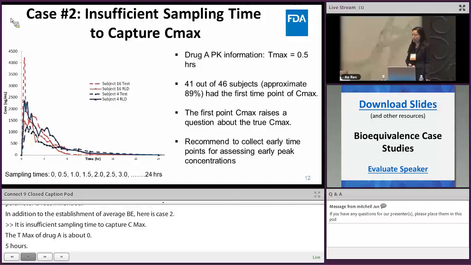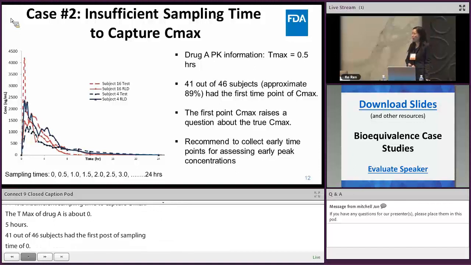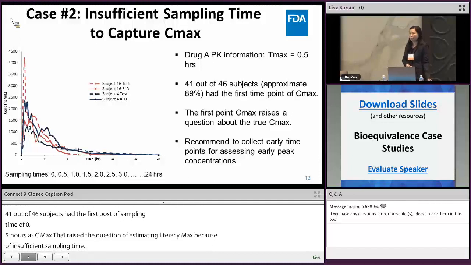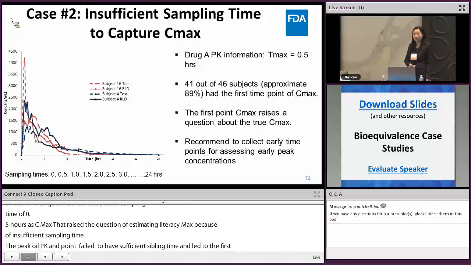It raised a question of bias in estimating Cmax because of insufficient sampling time in the early sampling schedule. Per the PK endpoint guidance, failure to include early sampling times, like between 5 to 50 minutes, such that the first sampling time is Cmax, may lead FDA not to consider the data from the affected subject in the data analysis.